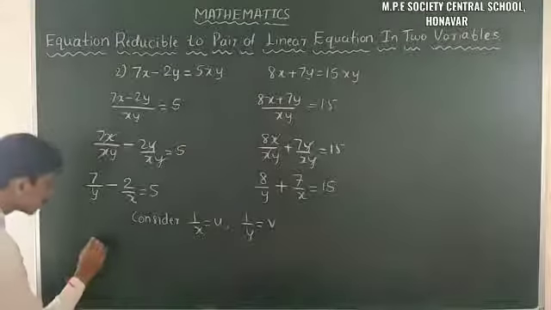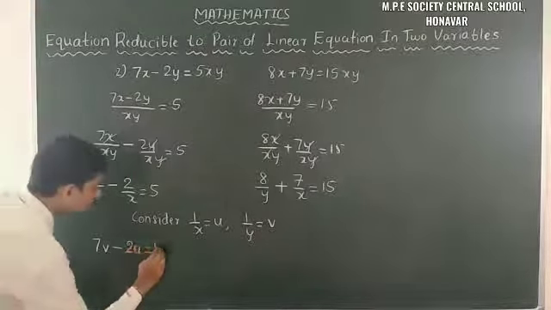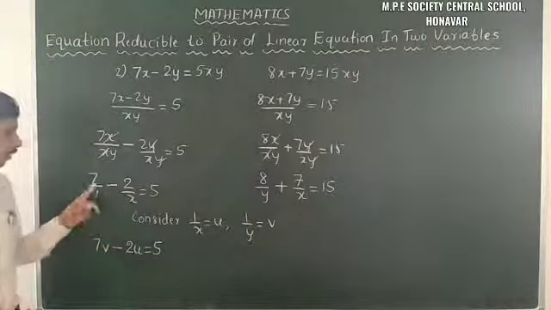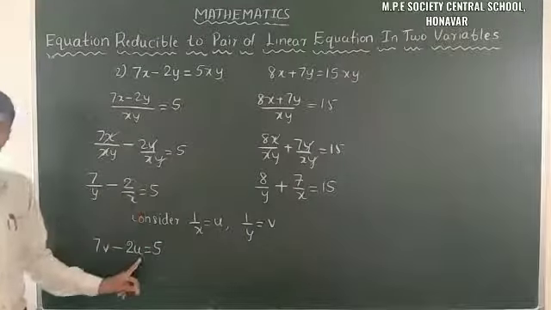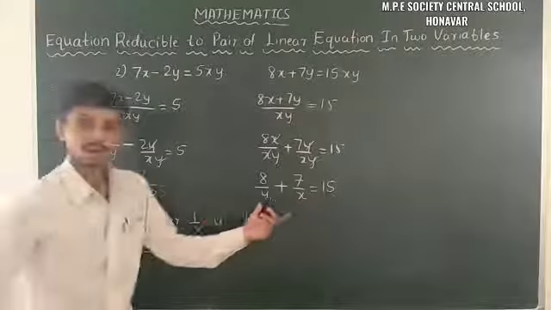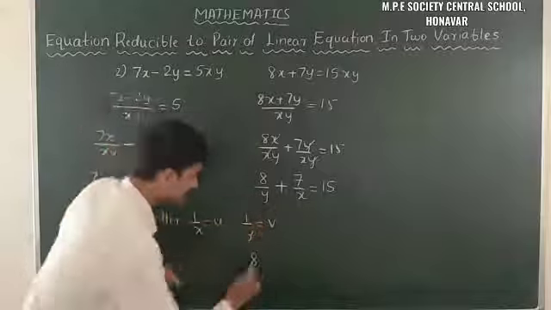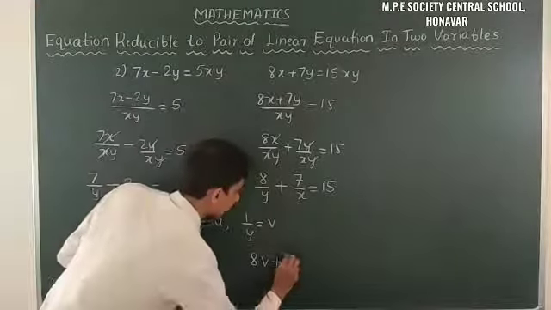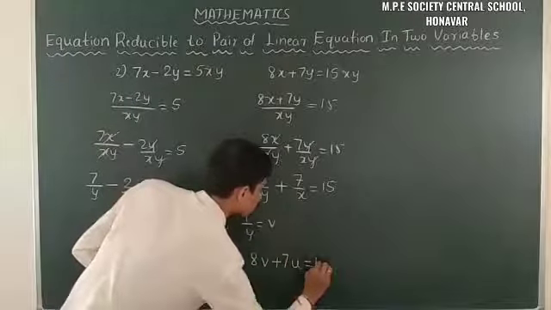So what happens here? 7v minus 2u is equal to 5. Here 7 into 1 by y, that means 7 into v, and 2 into 1 by x means 2 into u is equal to 5. Here 8 into 1 by y, that is 8v, plus 7 into 1 by x, that is 7u, is equal to 15.